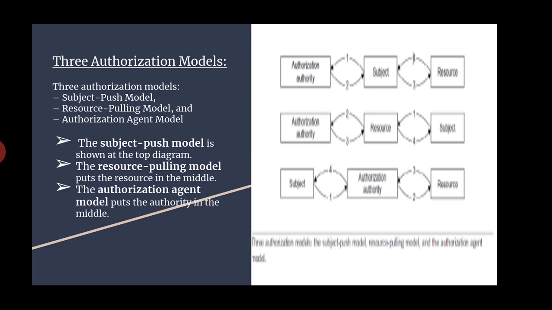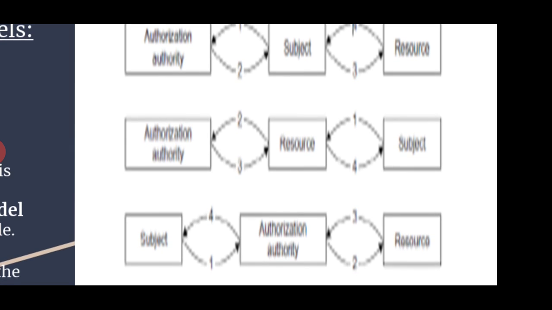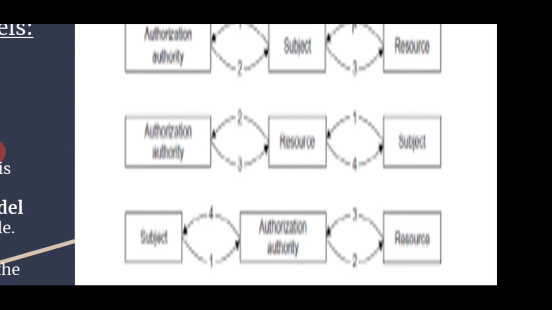Look at this diagram, otherwise we can't understand it. First of all, the square box is the authorization authority, and then an arrow comes from the left side and an arrow goes to the right side. The arrow coming from the left side is number 1, it goes this side, and number 2.